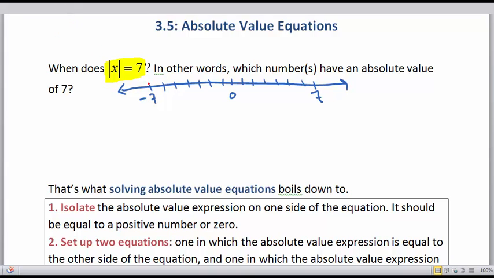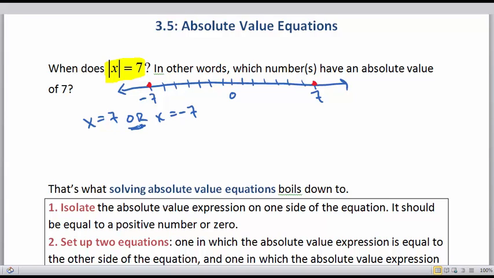So bottom line is the numbers 7 and -7 are both 7 units away from 0. So the solutions to this absolute value equation would just be x equals 7 or x equals -7.